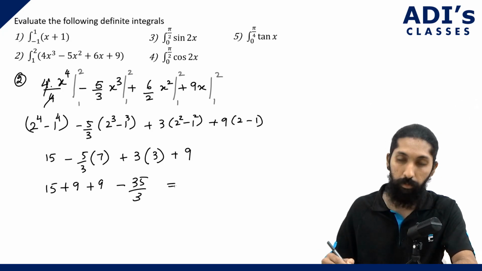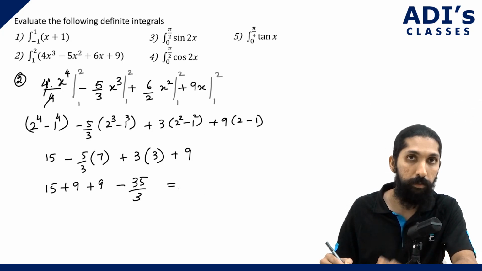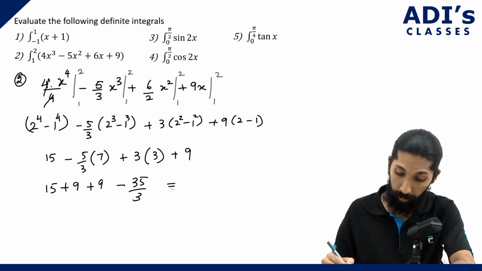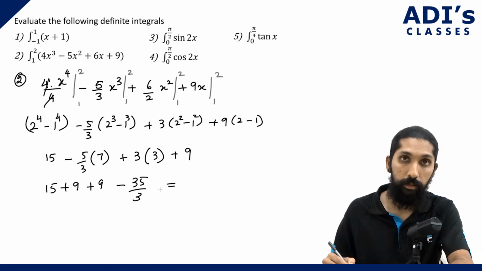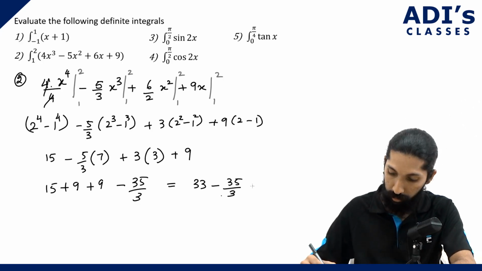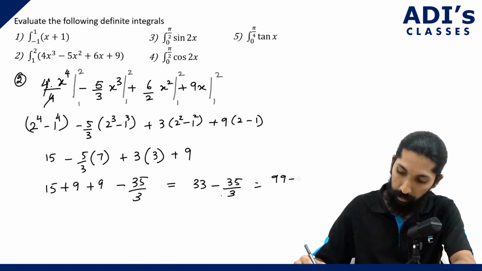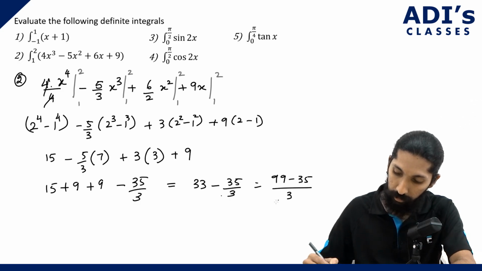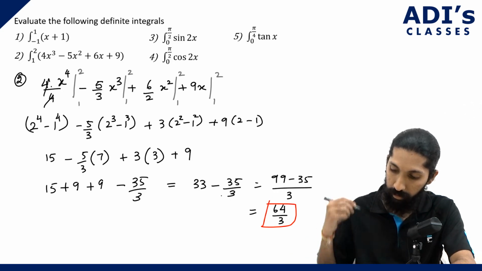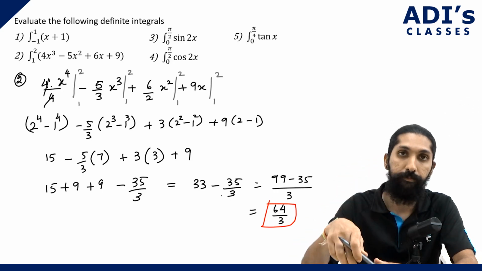Now it's just normal plain old addition and taking LCM and subtracting, right? Now 15 plus 9 is 24, 24 plus 9 is 33. So 33 minus 35 by 3, which gives us 99 minus 35 divided by 3. So the final answer is going to be 64 divided by 3. So the final answer for the second one is 64 divided by 3.